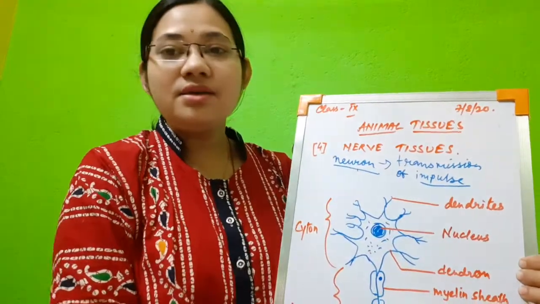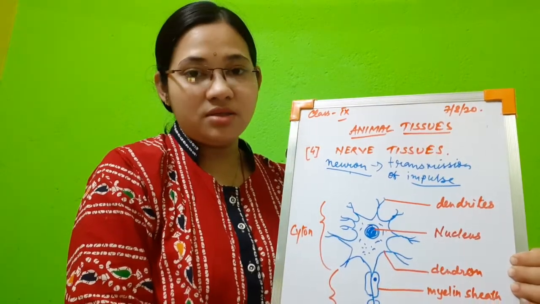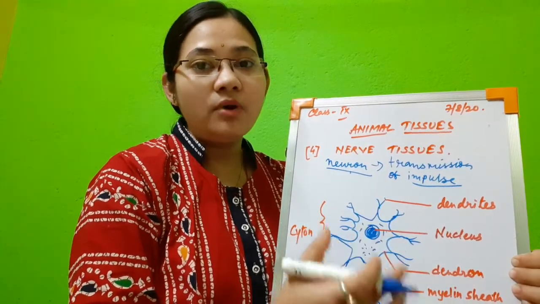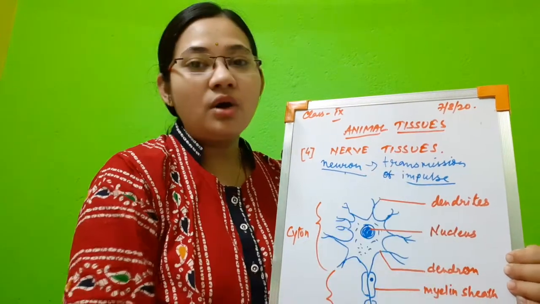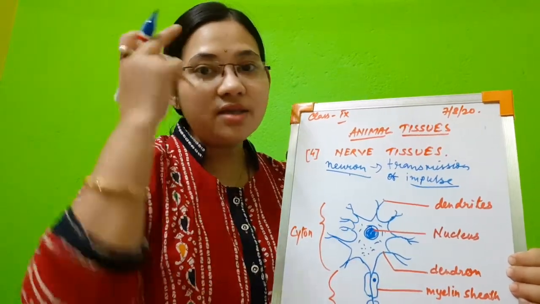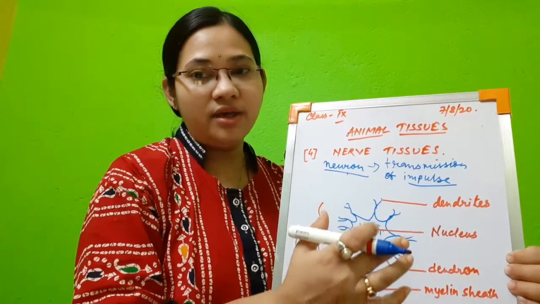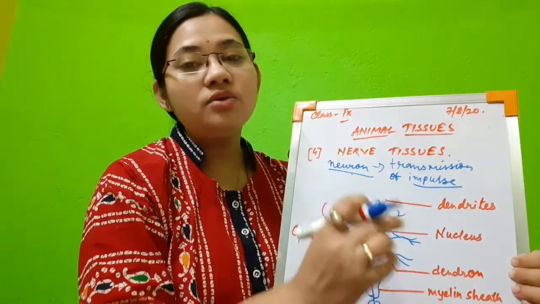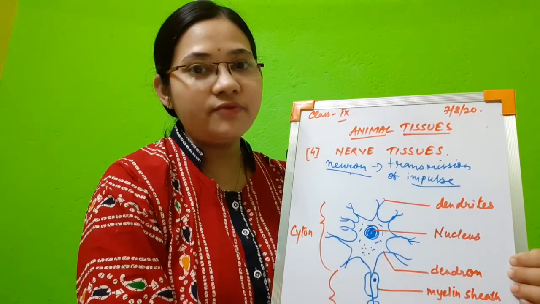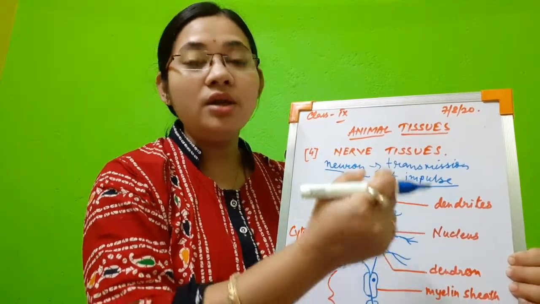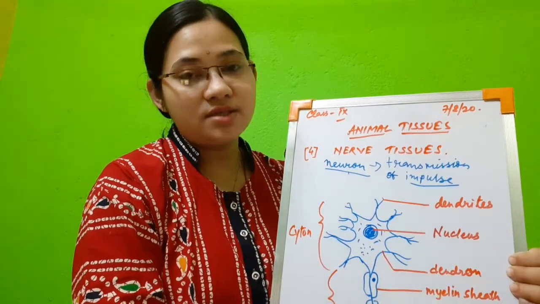Impulse means a message or any information in the form of an electrical signal which is transmitted or conducted from the central nervous system of our body, that is the brain or the spinal cord, to different parts, as well as they also carry impulses from different parts of our body towards the central nervous system also.